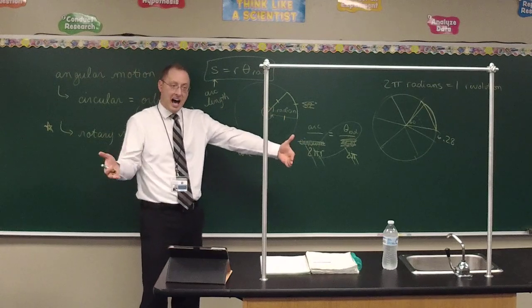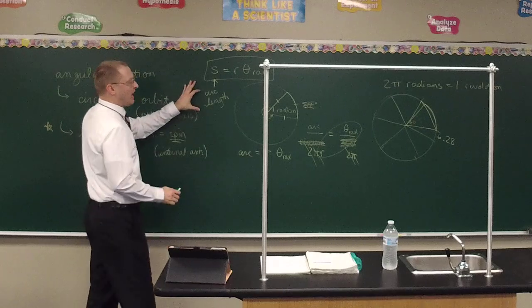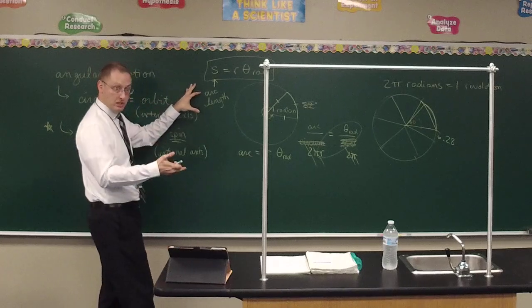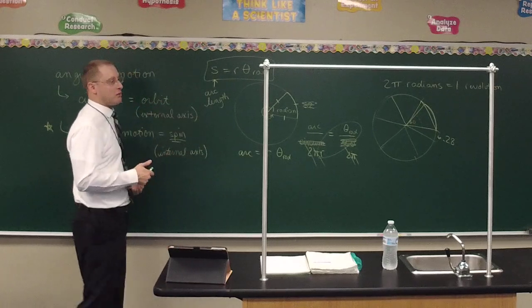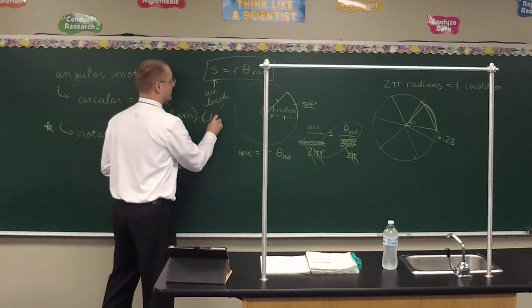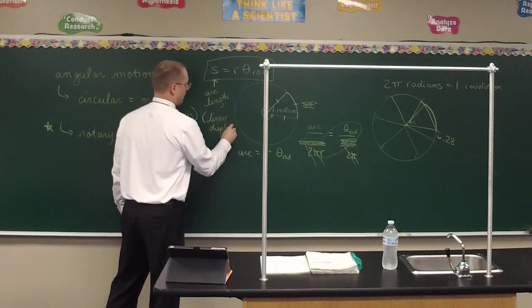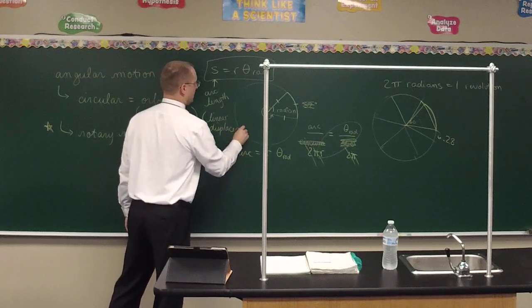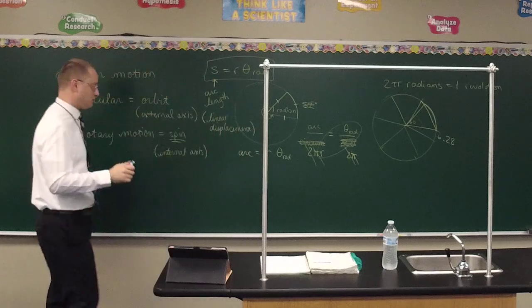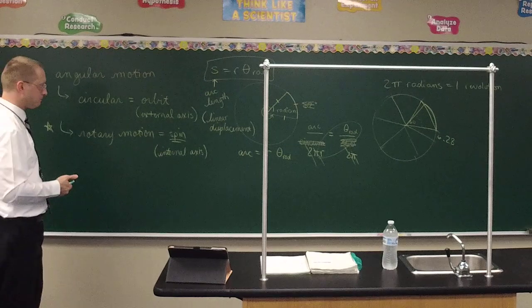Not in a straight line, but still you've traveled from one point to another point. So arc length is a form of displacement as well. Now, technically, it should be called the curvilinear displacement, but we're lazy. We are going to refer to it as the linear displacement. So the arc length will sometimes be referred to as the linear displacement.